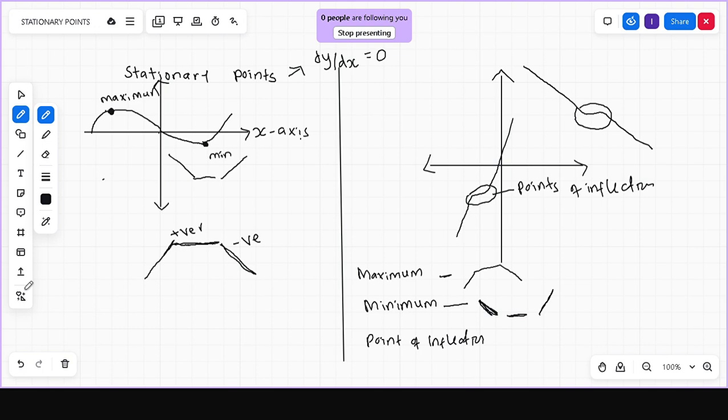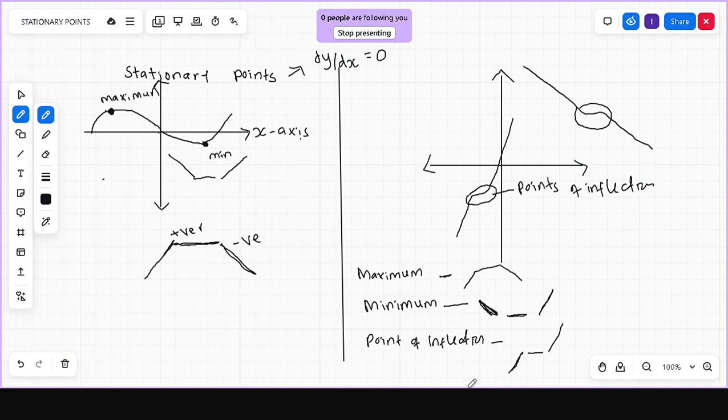Now when you talk about the point of inflection, what are we trying to imply? The curve can go downwards, then it flattens, then again it moves upwards. So positive gradient, zero gradient, to the positive gradient. Such points are called the point of inflection.